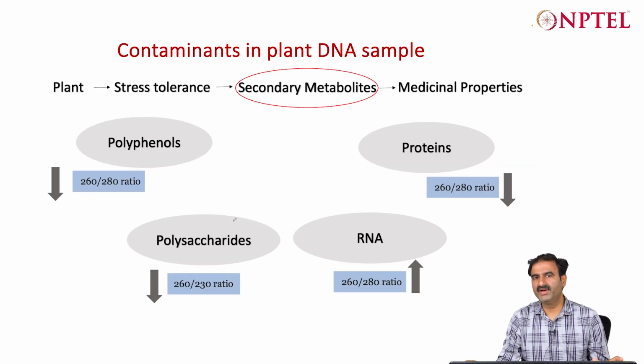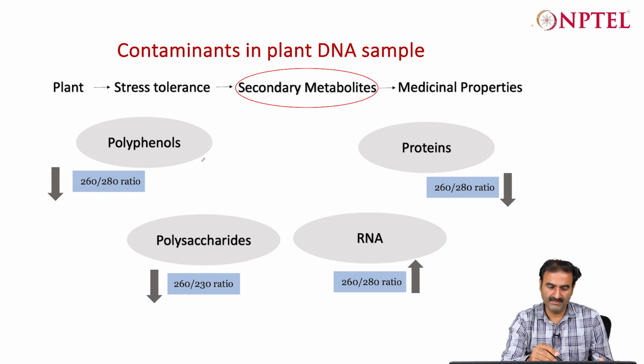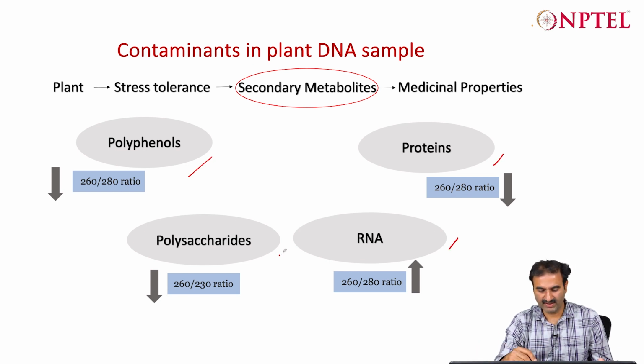Whatever you do, there could always be an issue with secondary metabolites. Plants are sometimes difficult samples, and similarly insects are also difficult samples, because there will be some secondary metabolites or cell wall contamination. These may be issues that will definitely impact your 260/280 values, through polyphenols, proteins, RNA or polysaccharides.